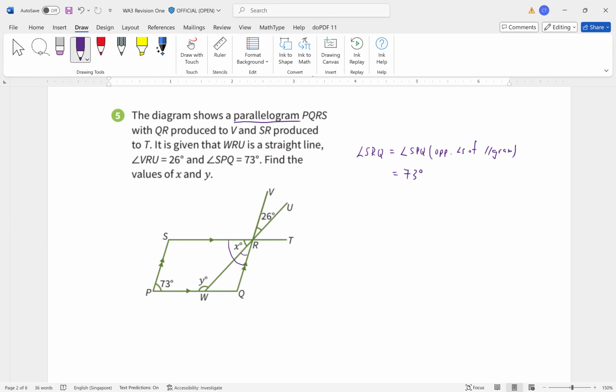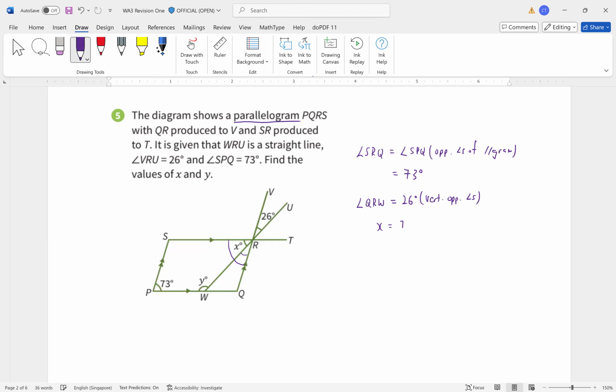Next, let's find the vertically opposite angle. Angle QRW equals 26 degrees, because vertically opposite angles are equal. Then we can do the subtraction already.